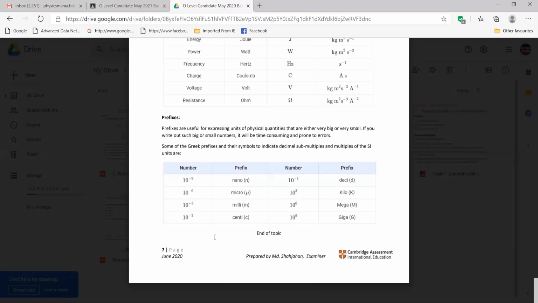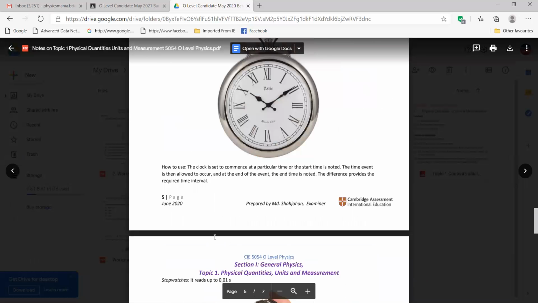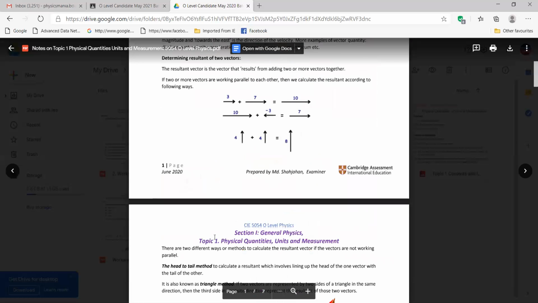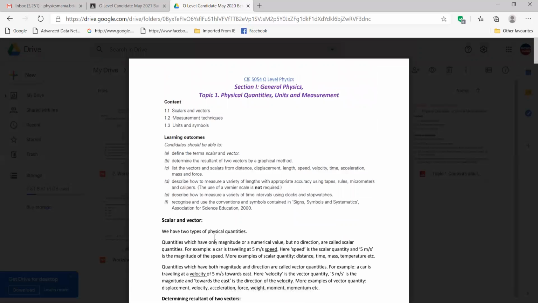Abir, so this topic is over, topic one, and I will give you one worksheet on this topic. That's your homework. Do you have a printer in your house? No, sir.